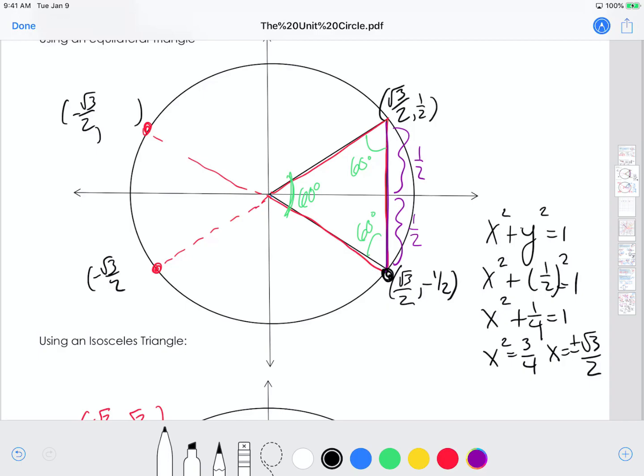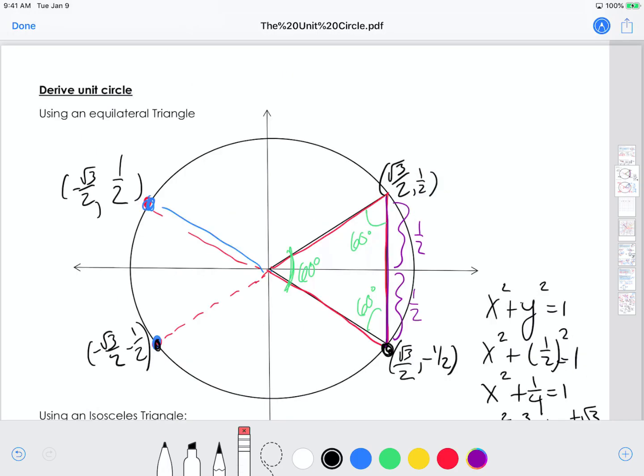So if I look at the second quadrant, this point right here is going to be negative square root of 3 over 2 and positive 1/2, because in the second quadrant, x is negative and y is positive. When we look at this point here, in the third quadrant, this is going to give us negative square root of 3 over 2 and negative 1/2 for that point.